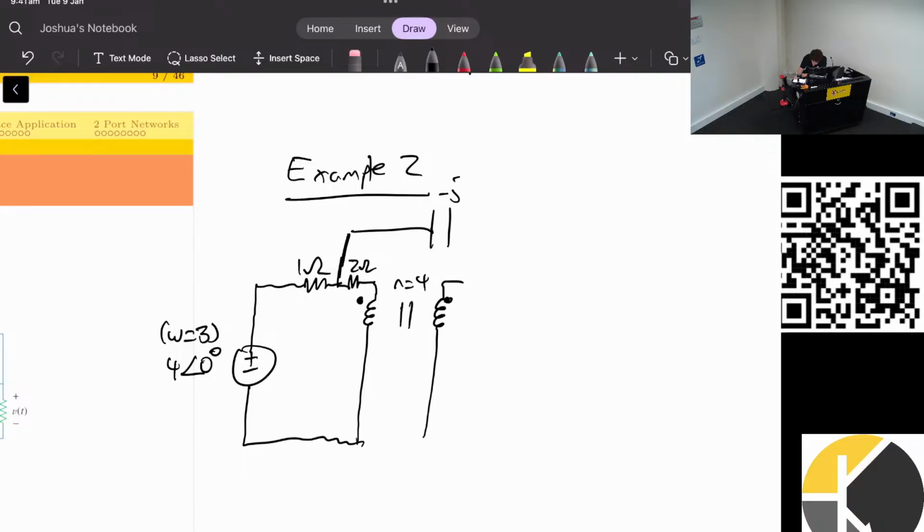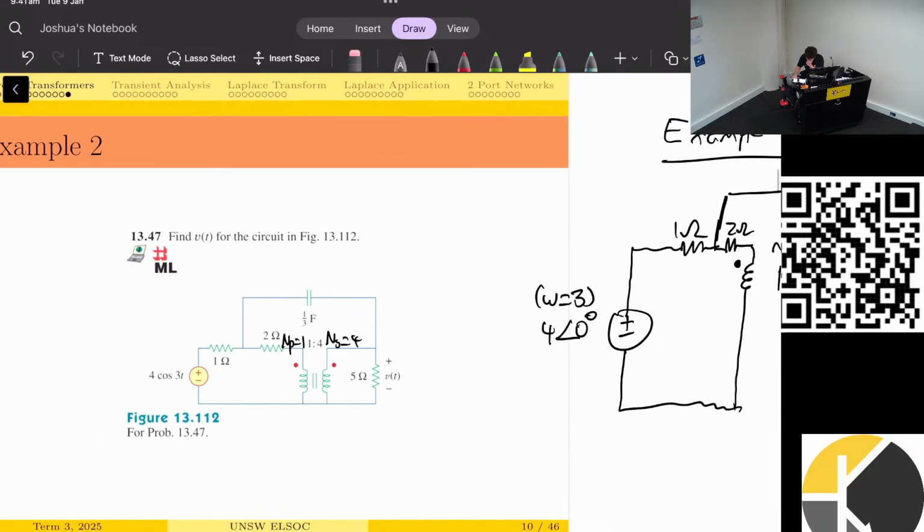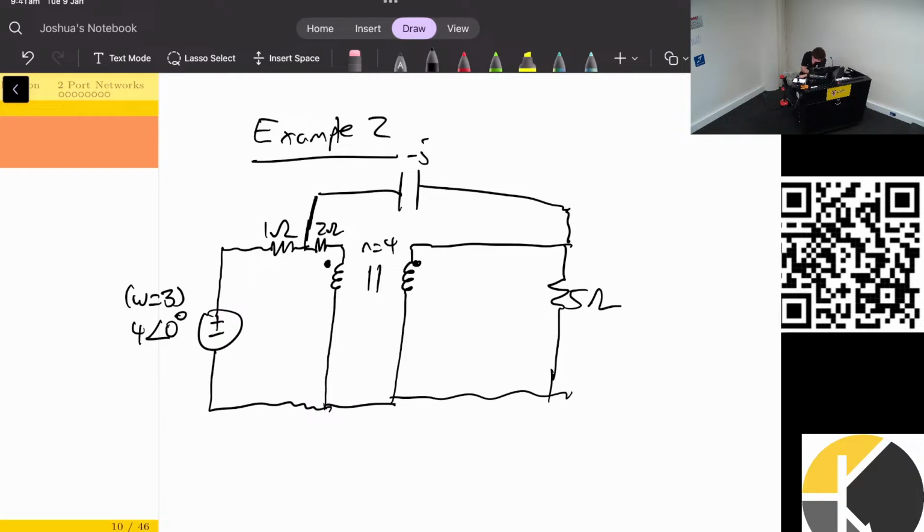Looks good. We have a 5 ohm resistor here, and these are connected. That looks all good.